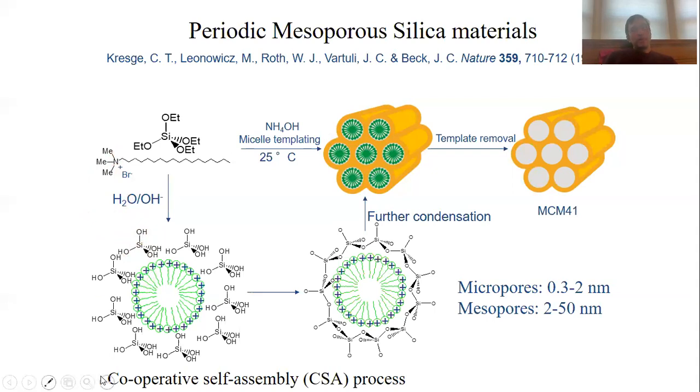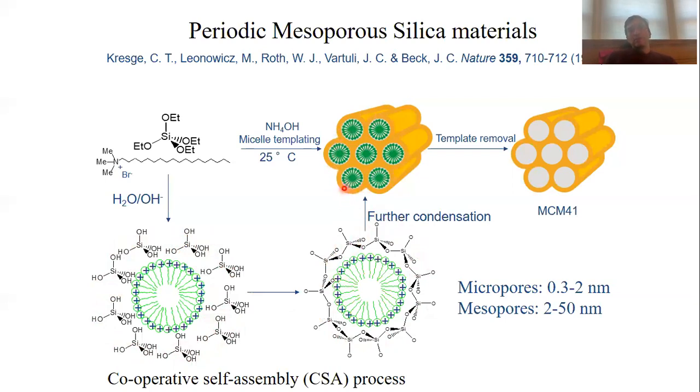So what happens is that in a cooperative self-assembly process, we form micellar structures out of the cationic surfactant, which have a high concentration of silicic acid species in the periphery. Now you know that silicic acid is only stable at very low concentrations. And for that reason, we have preferential polycondensation of silicic acid around these micellar species.